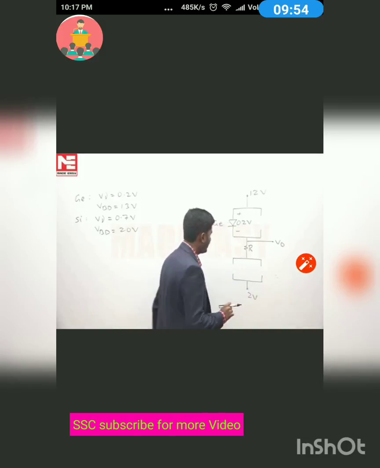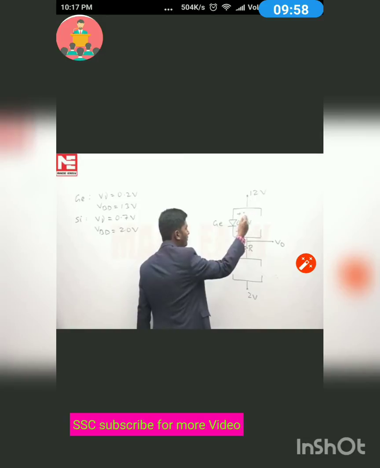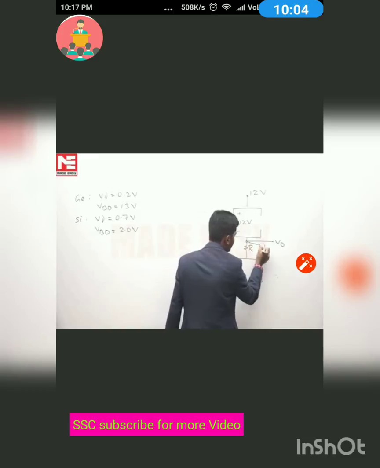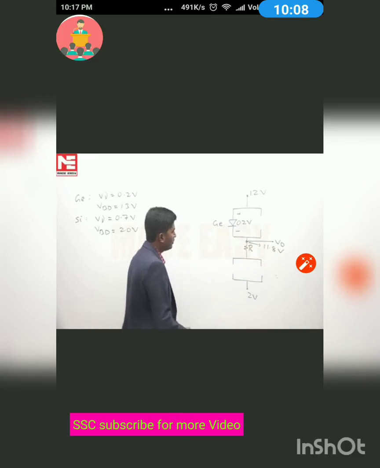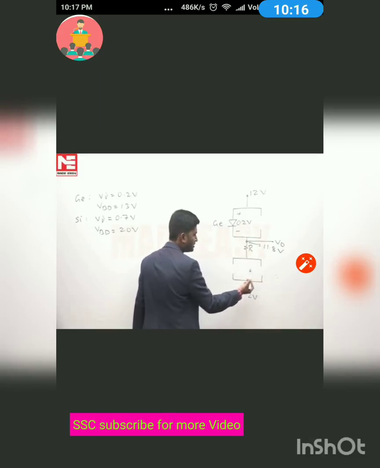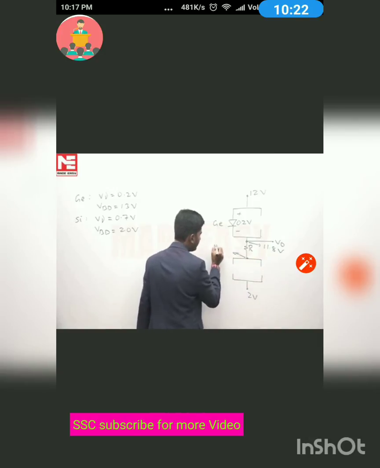Then out of 12 volt, 0.2 volt will drop here, and the remaining voltage, that is 12 minus 0.2, 11.8 will appear at this node. Because these two diodes are assumed off, the same 11.8 you can see even at this node.